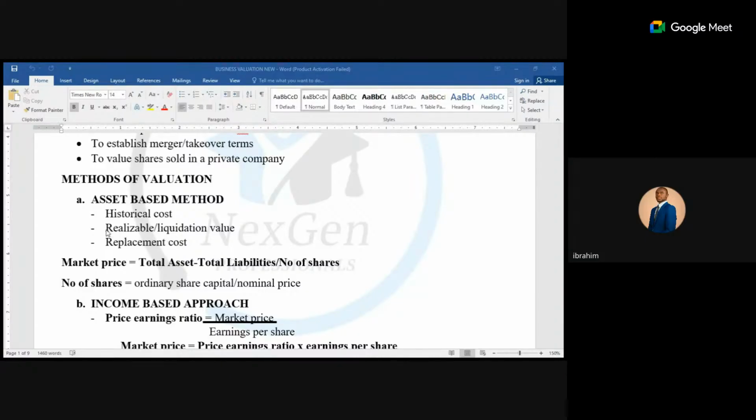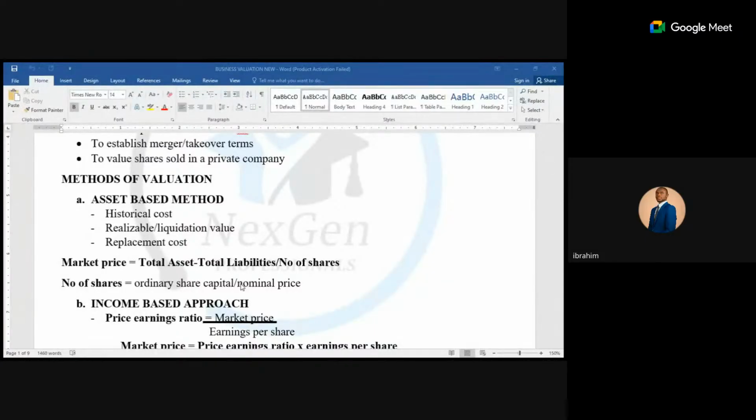So any of these three methods, under the asset-based method, the calculation to determine the market price is the total assets minus the total liabilities, divided by the number of shares.